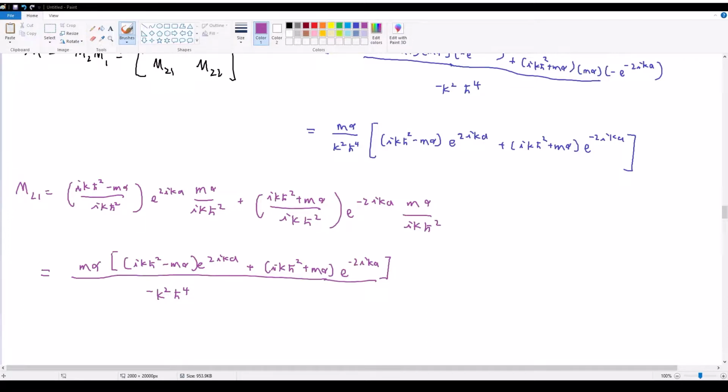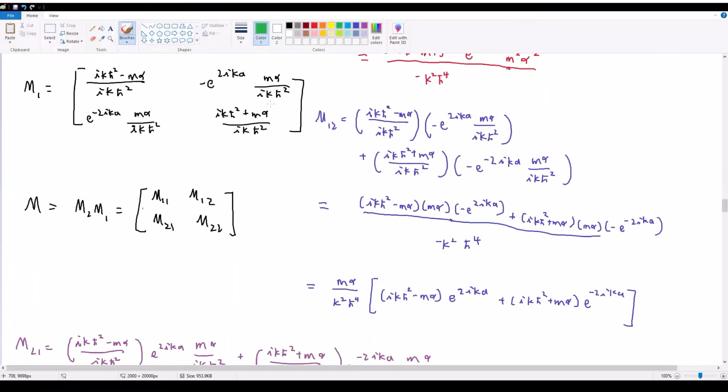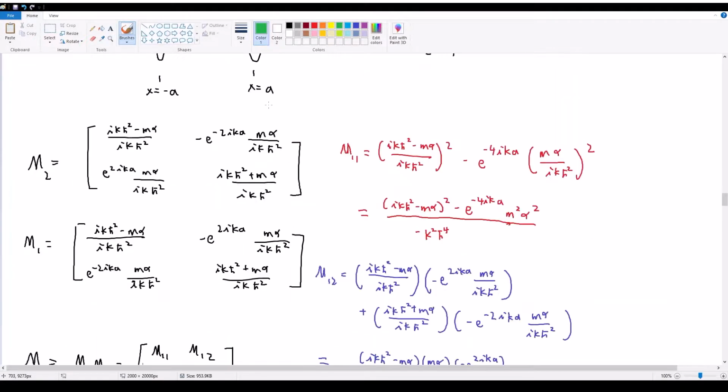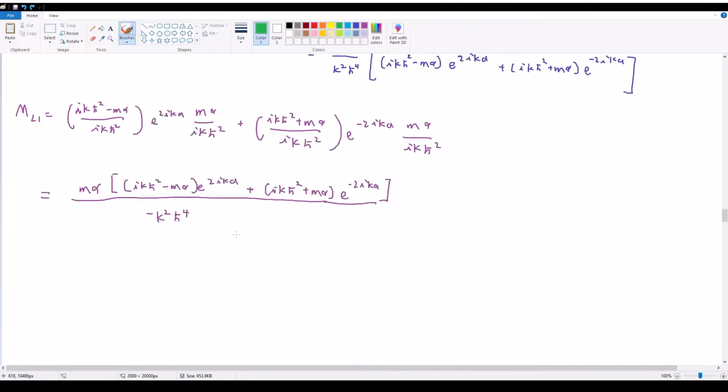The final term, let's do in green. So the final term, M22, is going to be this bottom row and this rightmost column. So that's going to give us, let's see, negative e to the 4ika times m alpha over ik h bar squared, I believe, yeah.